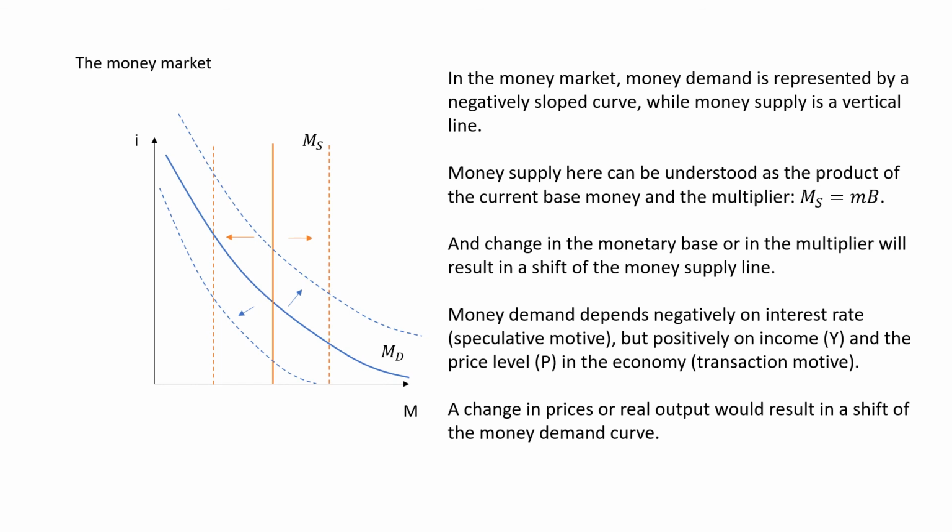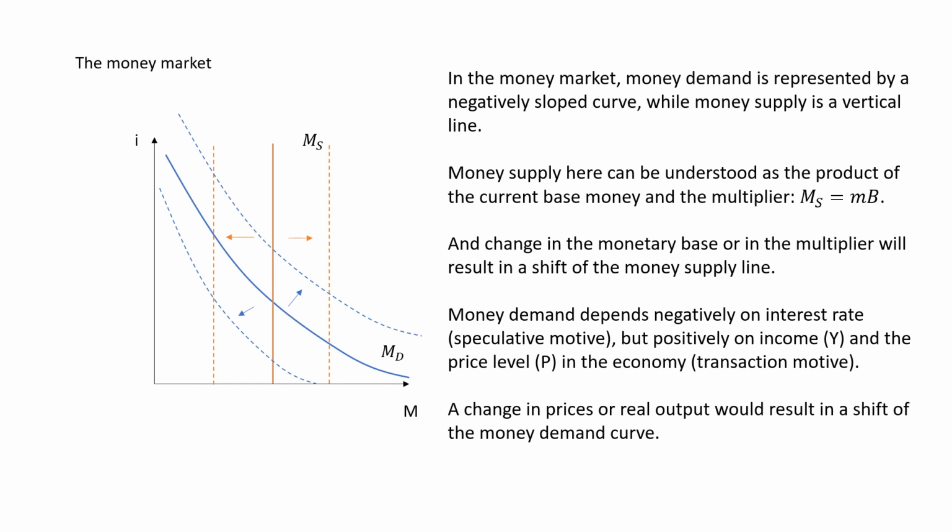This could be done, for example, by buying stocks from the public. If you do this, then the total amount of money available in the economy will increase, so the money supply line will shift to the right. In this case, there will be more money in the market and the interest rate will fall accordingly.